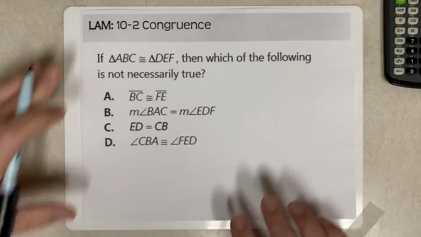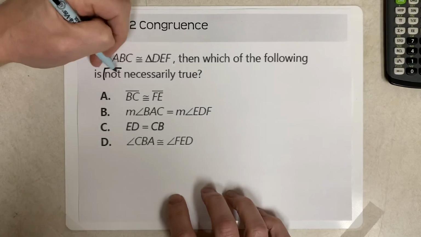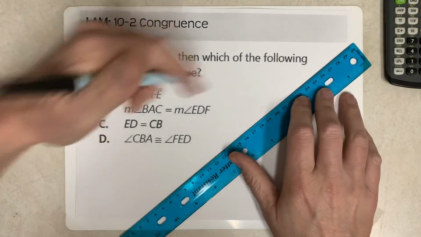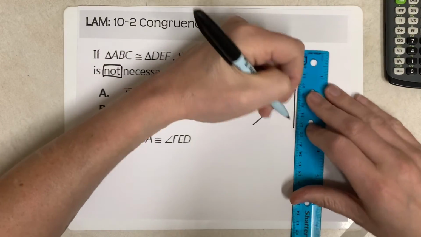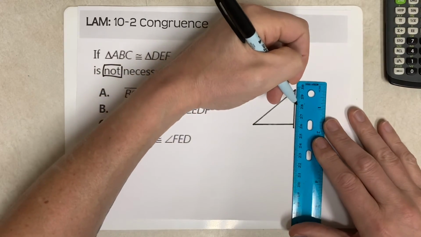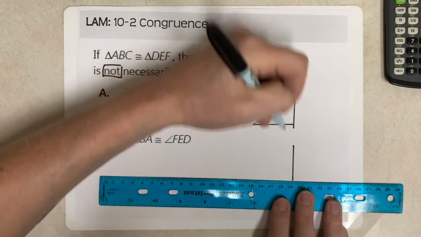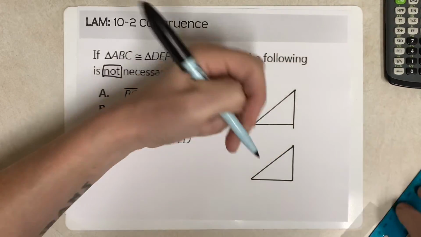Okay, so this one's interesting. If triangle ABC is congruent to triangle DEF, then which of the following is not necessarily true? Well, let's go ahead and draw a couple triangles just to see what's going on, and then maybe we can kind of figure it out. I'm just going to draw two triangles that look a lot alike.